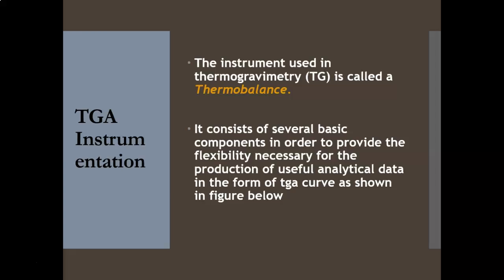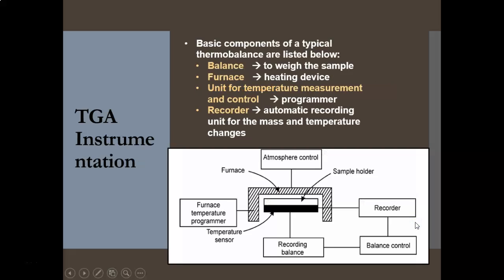Now we look at the TGA instrumentation. The instrument used in thermogravimetry is called a thermobalance. It consists of several basic components in order to provide the flexibility necessary for the production of useful analytical data in the form of a TGA curve. Now we look at the basic components of a typical thermobalance.